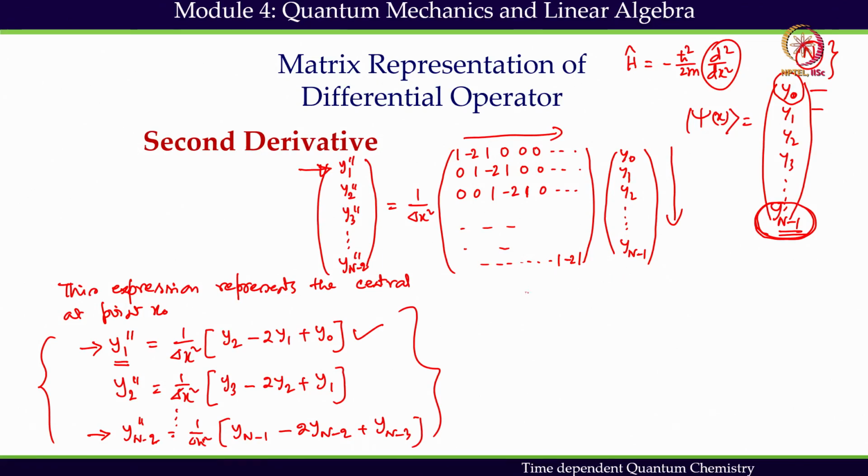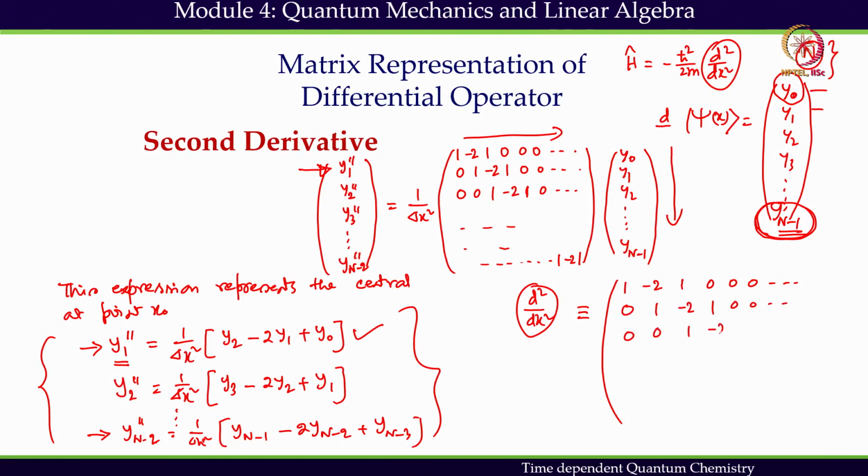Basically this d2 dx2 operator can be expressed in the matrix form in the grid representation as this: 1 minus 2 1 0 0 0, then 0 1 minus 2 1 0 0, then 0 0 1 minus 2 1 0, like this, and we will continue this, and finally we have 1 minus 2 1 0, like this.